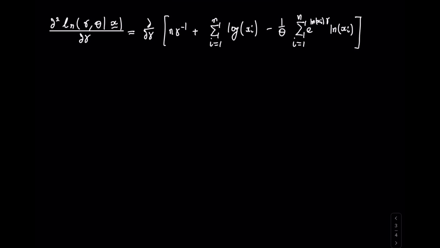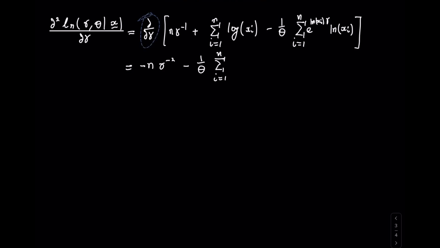And then now when we take the partial derivative again, for the first term, it's n gamma to the negative 1. What we need to do is take the power down the front, and 1 off the power. So it becomes negative n gamma to the negative 2. The second term doesn't depend on any gammas, so it drops to 0. This final term here, again, minus 1 on theta, sum i equals 1 to n.